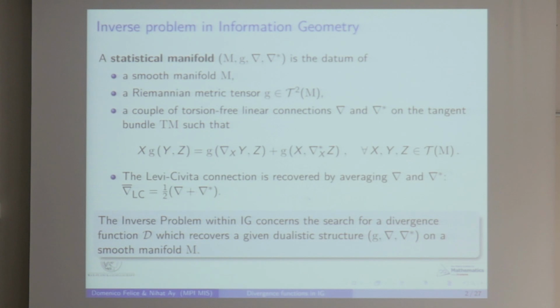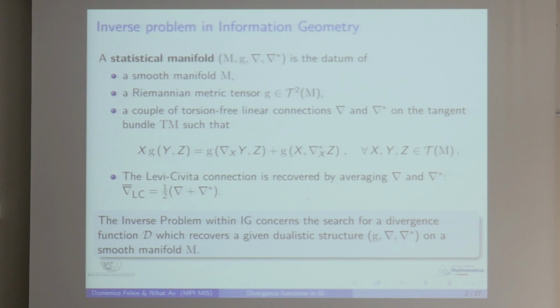Indeed, we can recover the Riemannian geometry by averaging the two dual connections, nabla and nabla star, and getting the Levi-Civita connection.